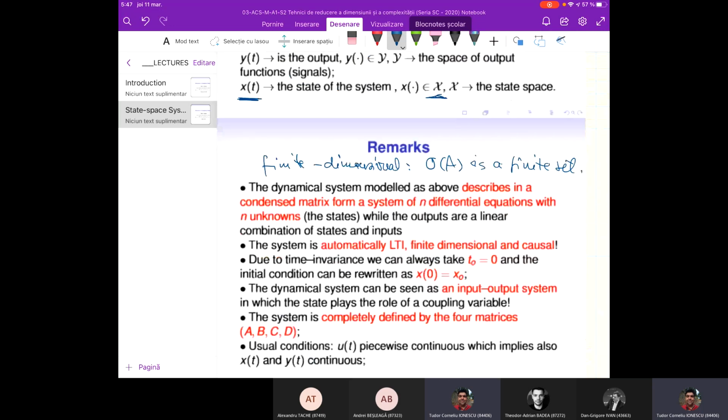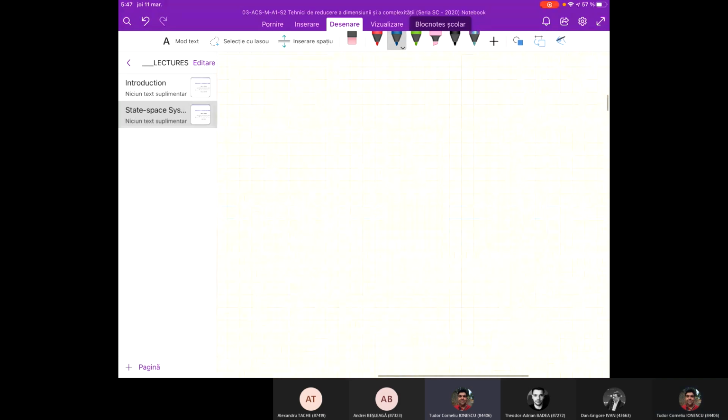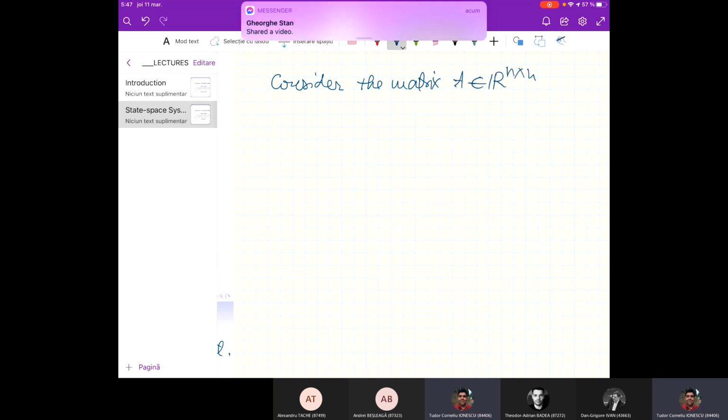Do you remember what eigenvalues are? So let's just make a recollection. Consider the matrix A of dimension n.